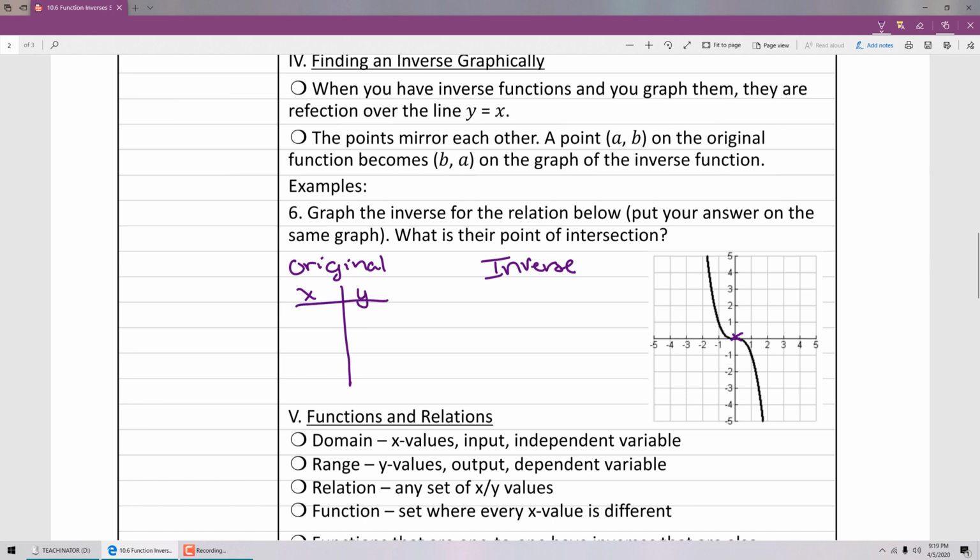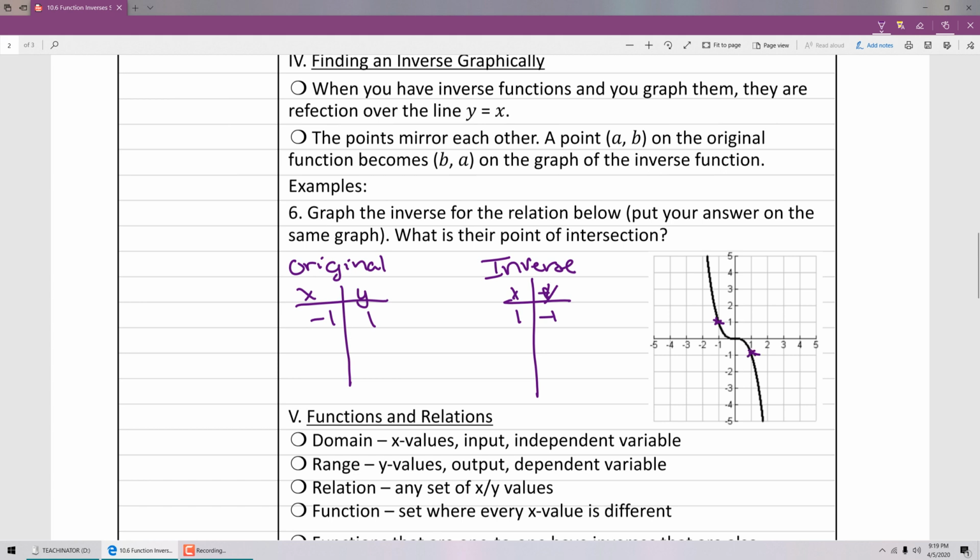Well, let's start off over here with like 1, -1, -1, 1. Alright, so this will become 1, -1. So this point, let me erase this one down here. I want to do them in different colors. This point right here, when we mirror it, it will go down here.